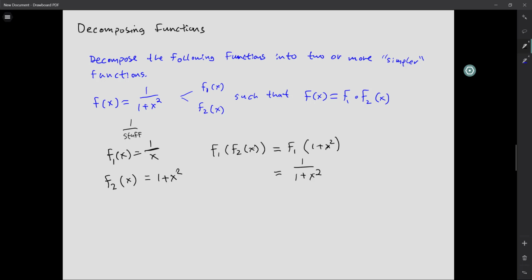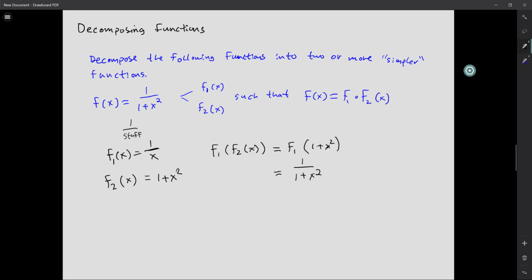So there we have, I've started with one function, f of x equal to 1 over 1 plus x squared, and I've successfully decomposed it into two easier looking functions, 1 over x and 1 plus x squared, which is a polynomial.